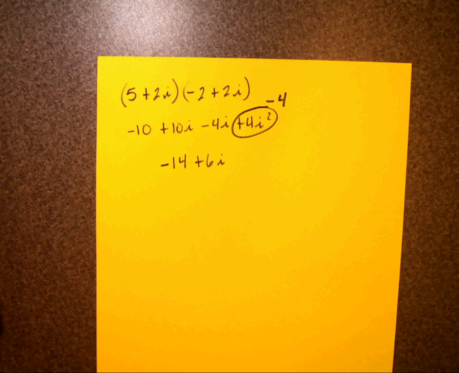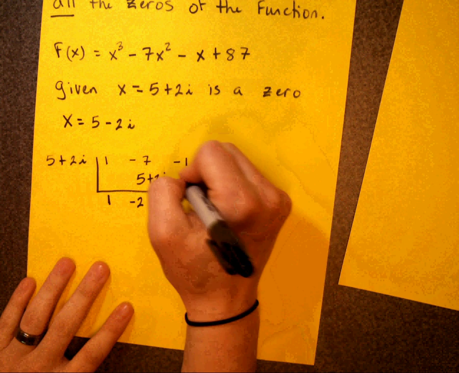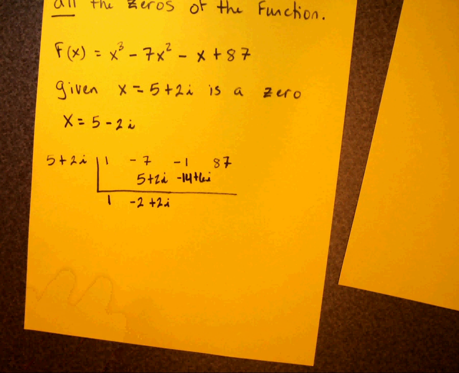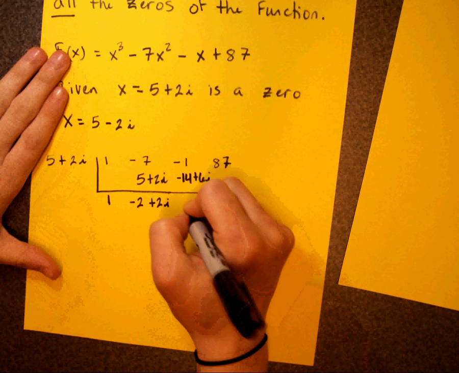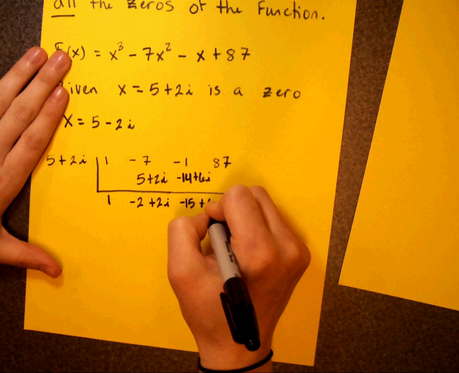I think we're good. All right. So we have negative 14 plus 6i. So putting that over, negative 14 plus 6i. And combining my like terms, so negative 1 plus negative 14 is negative 15. And bringing down my 6i.